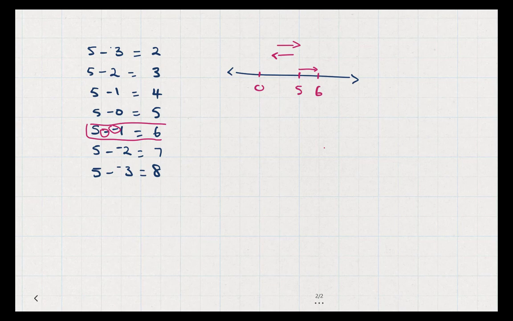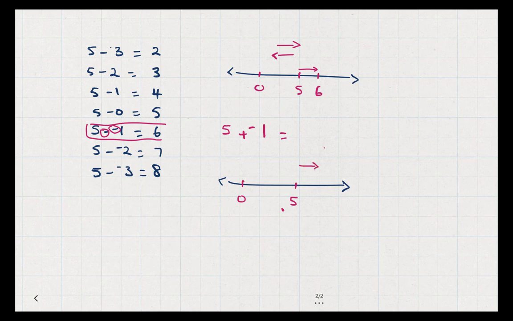Another way of looking at this, just to reinforce this idea, if I have 5 plus -1, I want to know what that looks like. On my number line, I'm going to mark in my 0, going to mark in my 5, and then I have a plus.